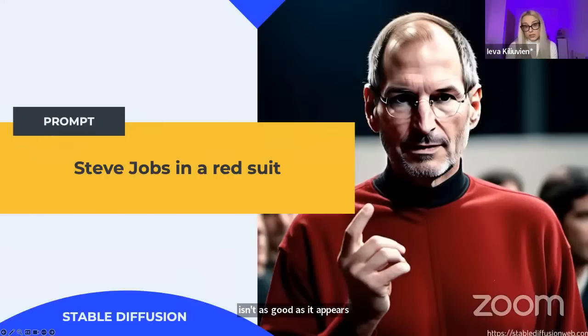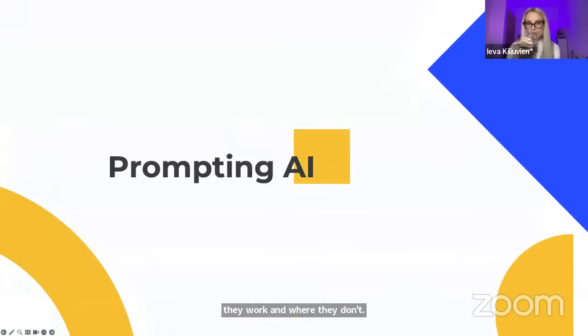And it is very important to understand the strengths and the weaknesses. So my advice is to use artificial intelligence. Yeah, you need to use these systems enough to understand how they work, where they work, and where they don't. Okay, so let's move on.